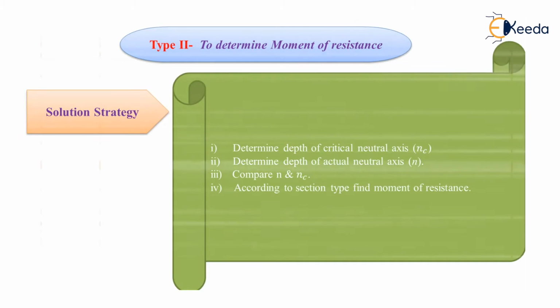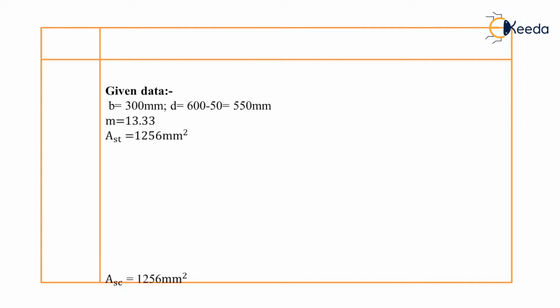So here is the given data. B is given as 300 mm, small d, that is the effective depth, will be equal to capital D minus effective cover for tension steel, that is 600 minus 50, which is equal to 550 mm. Modular ratio is given as 13.33. AST and ASC values are the same, that is 1256 mm square.